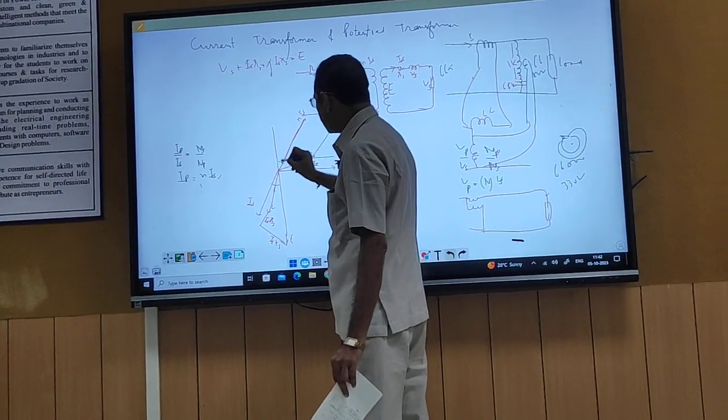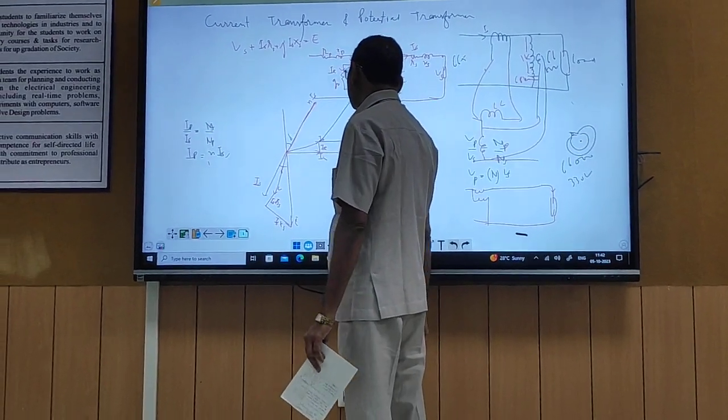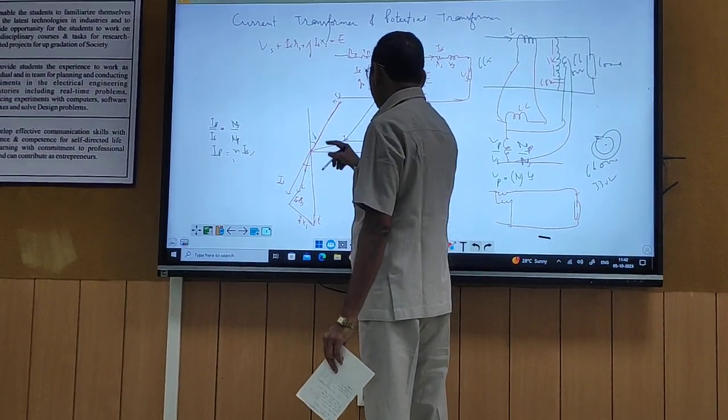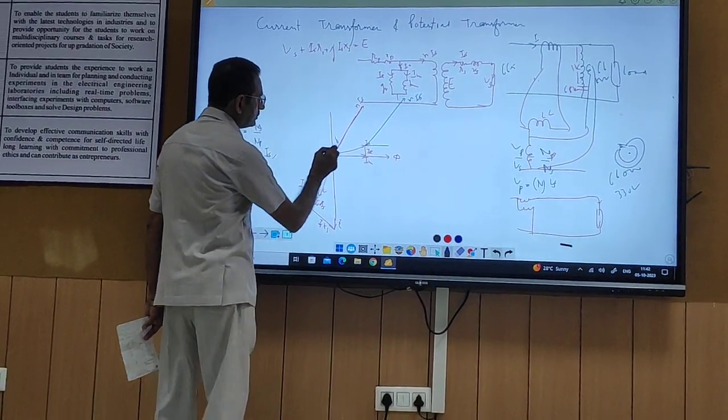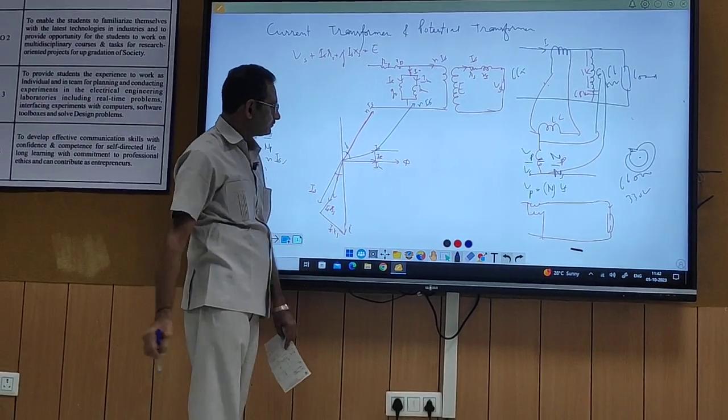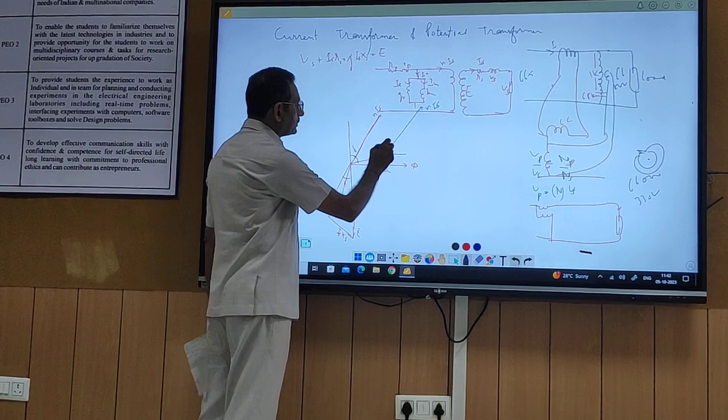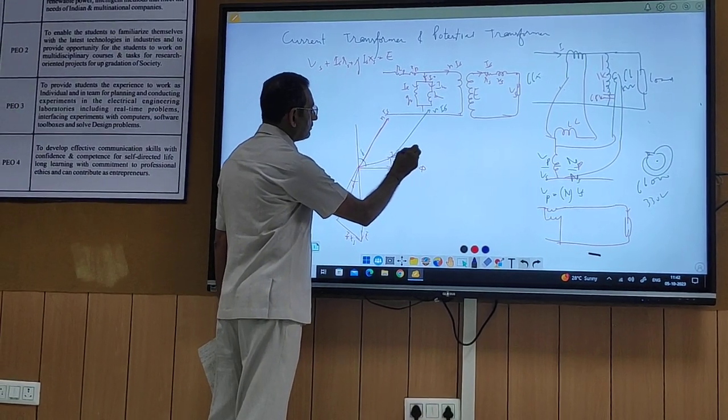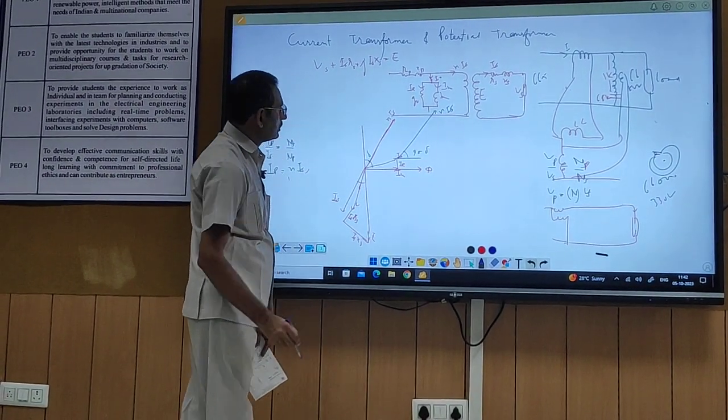This is angle delta. And if it is delta, what will this angle be, from here to here? 90 minus delta. Okay. And what is I0? If you extend this, the direction of I0, what is this angle?